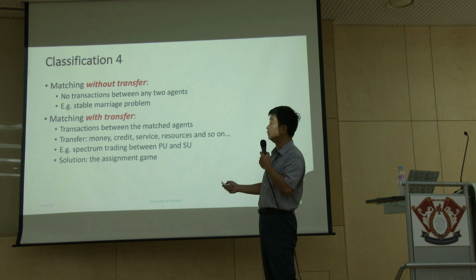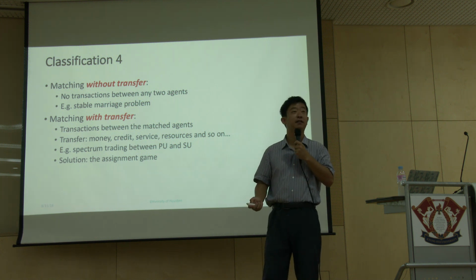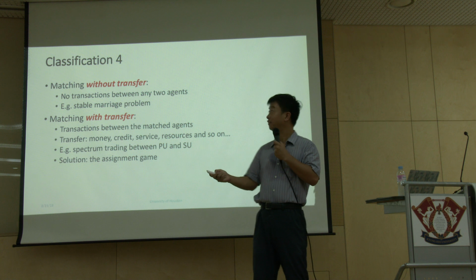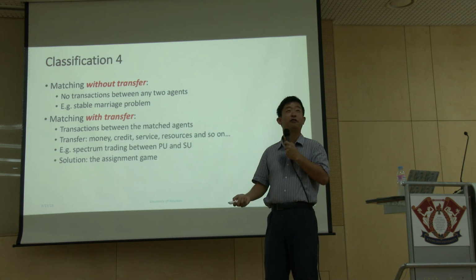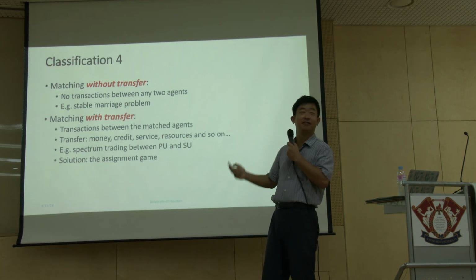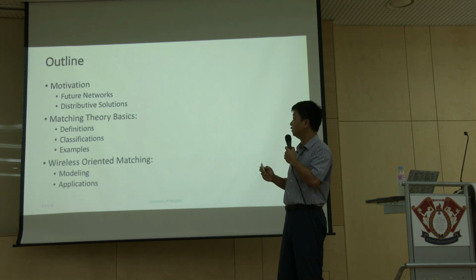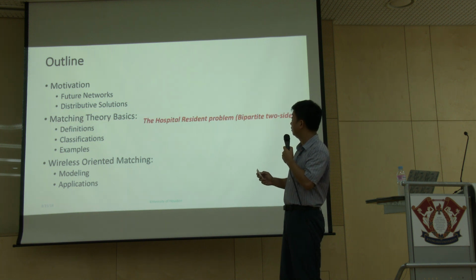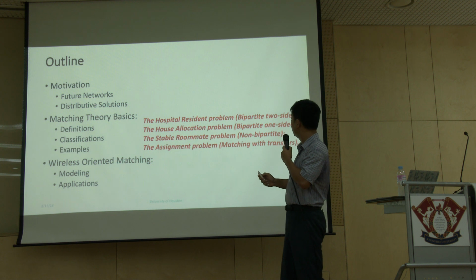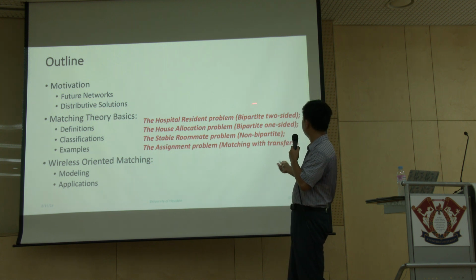In other words, when you get married, it's a free marriage, that is without transfer. Or you have to pay a lot, that is with transfer. So basically, these are four different classifications. And then let's talk about four different examples, each with a different kind of situation.